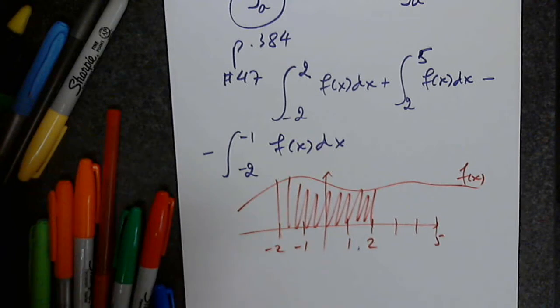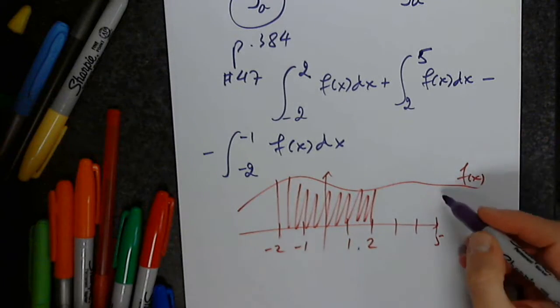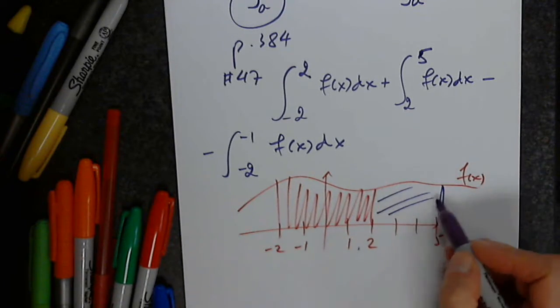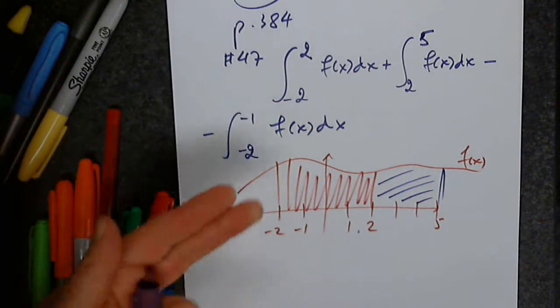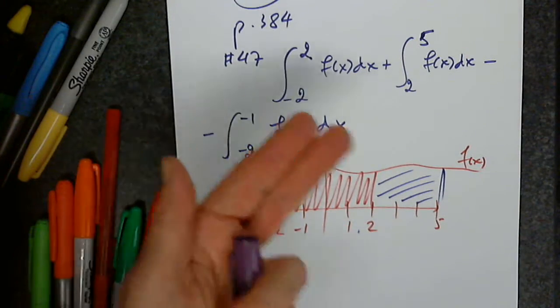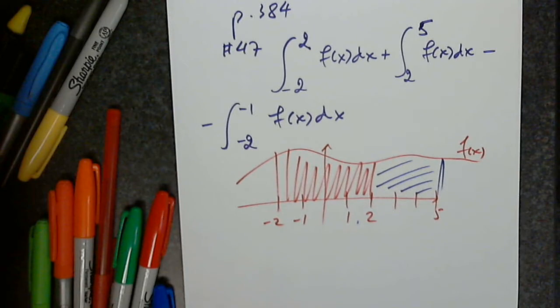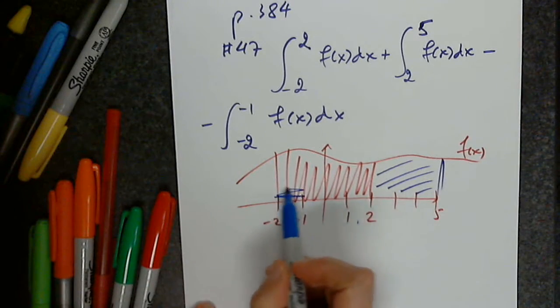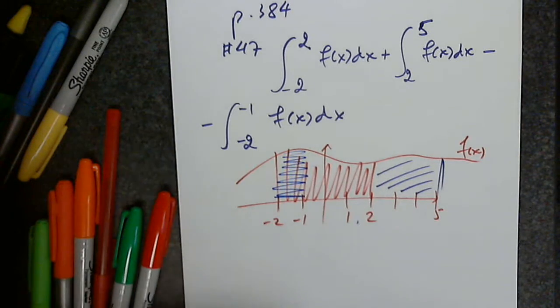The integral from 2 to 5 is definitely this area. So when we're asked to add these two, we will have the integral from -2 to 5 of f of x dx. But now they want us to subtract the integral from -2 to -1 of f of x dx. So what will you write as the final answer?